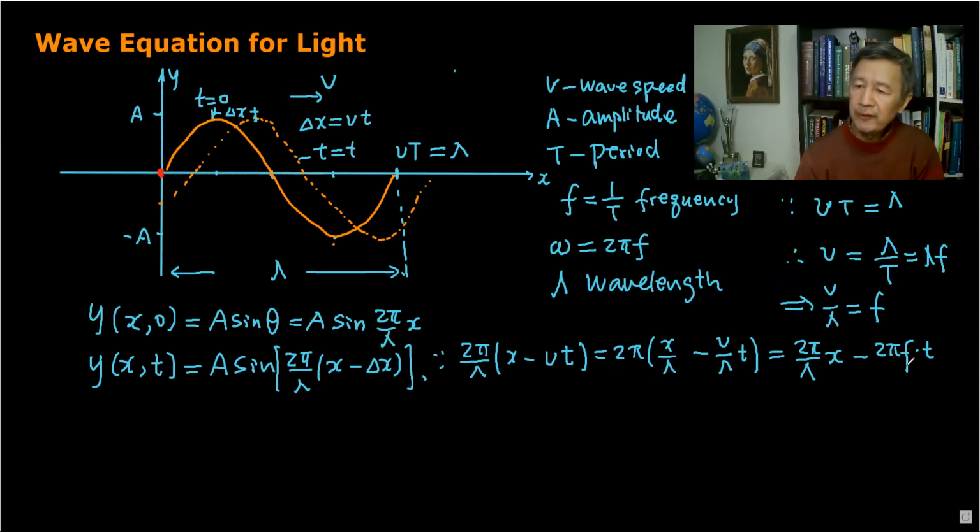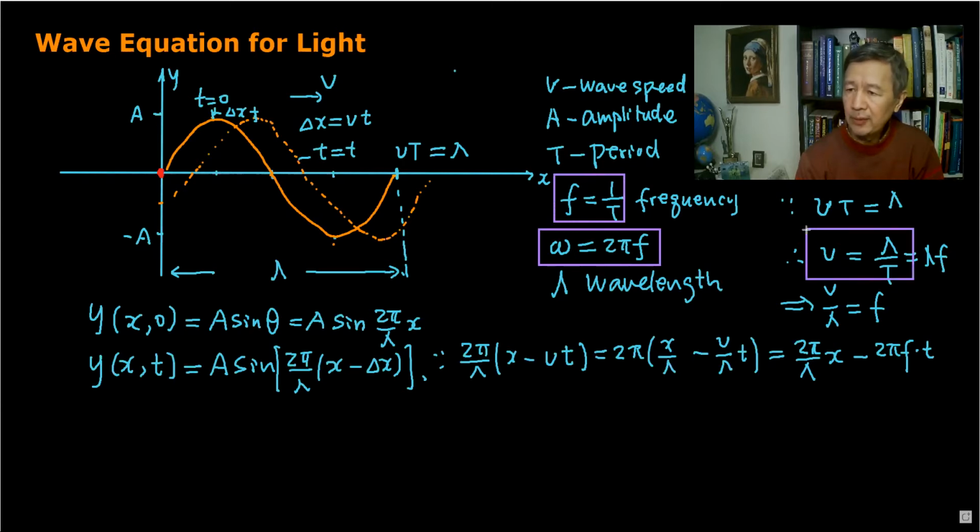So what is 2 pi f? There's another formula, and I will highlight this formula. This is the formula we're going to use. These are the basic formulas for describing a wave.